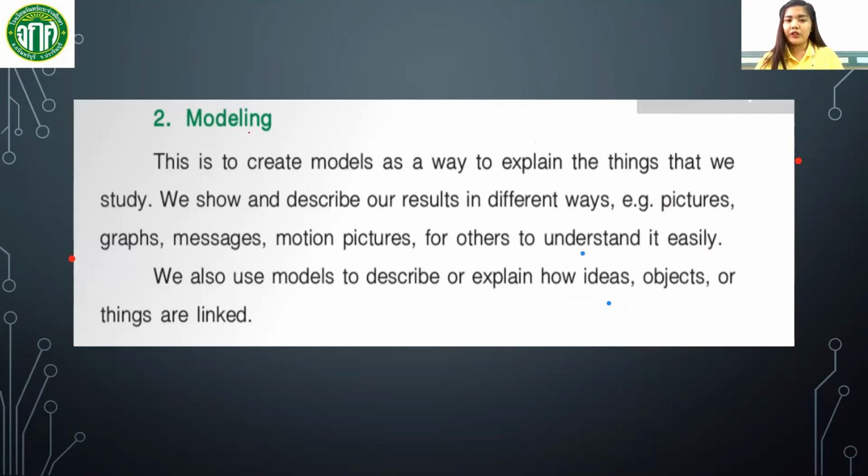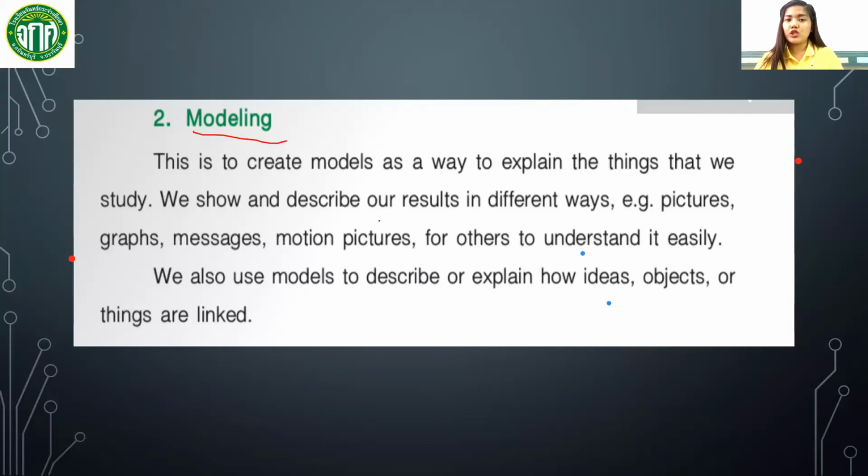We have modeling. So what do you think is modeling? All right, so this is to create models as a way to explain the things that we study.